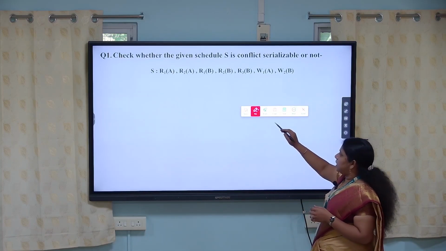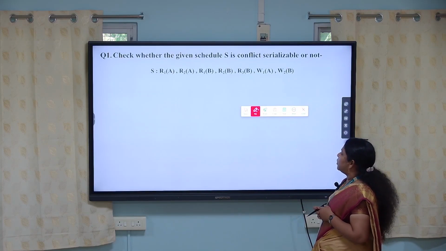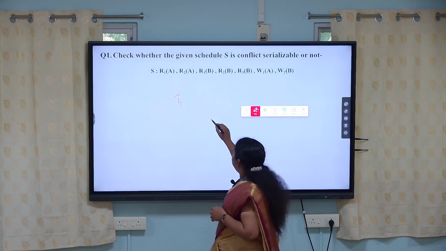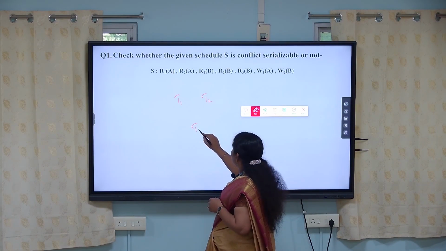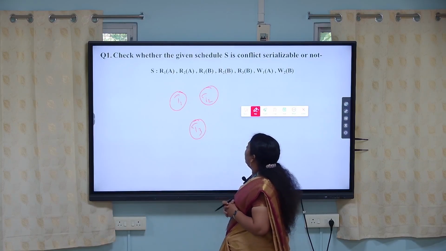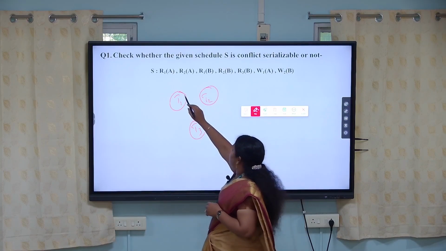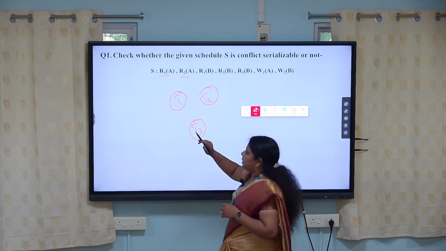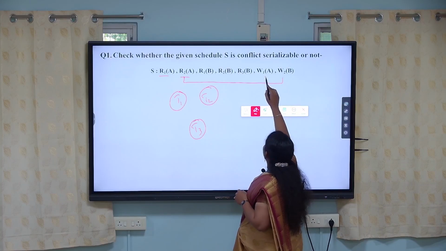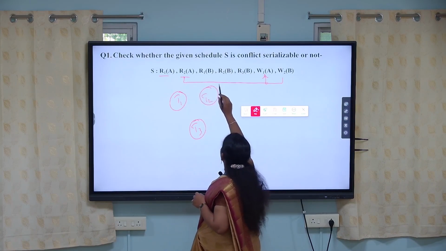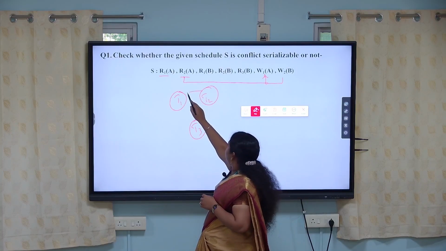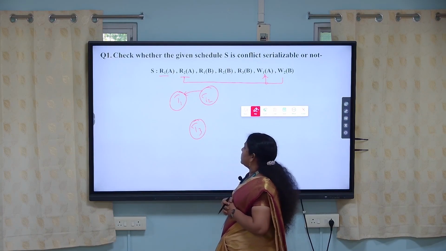Here we can see a schedule given on three different transactions, namely T1, T2 and T3. These three are the nodes. When both are read operations, no conflict arises. Where the read operation is done in the second transaction and the write operation is done in the first transaction, this edge denotes a conflict.